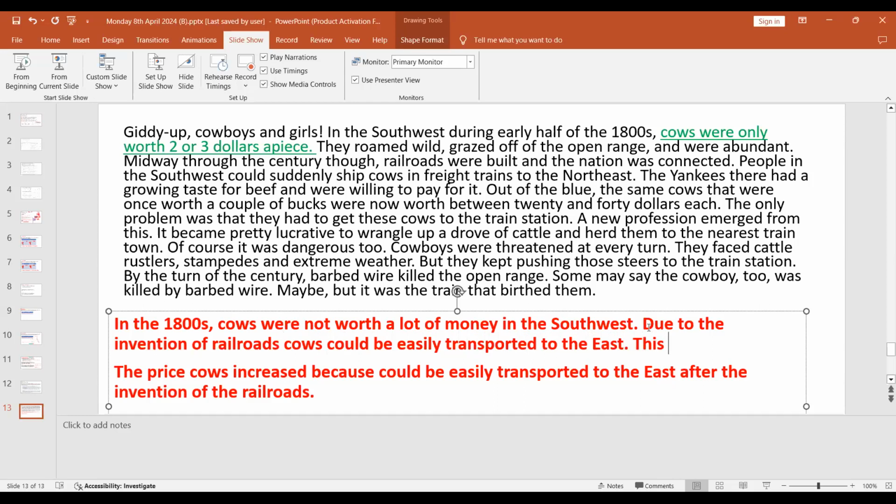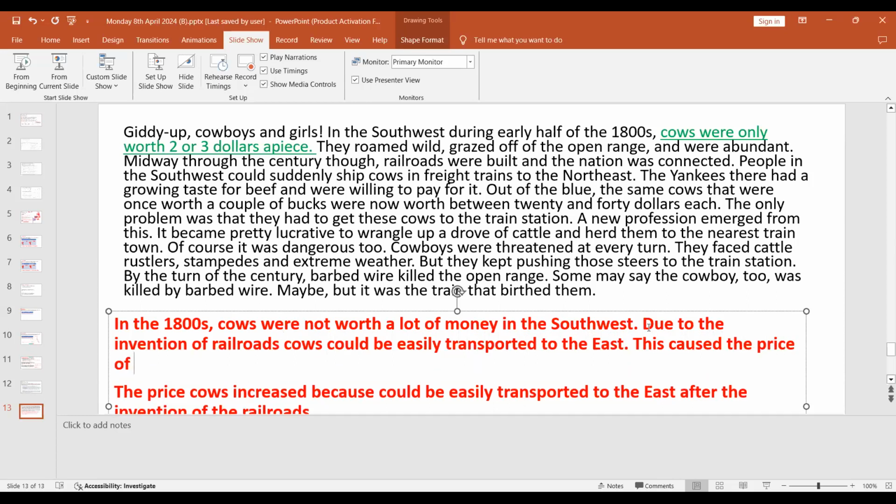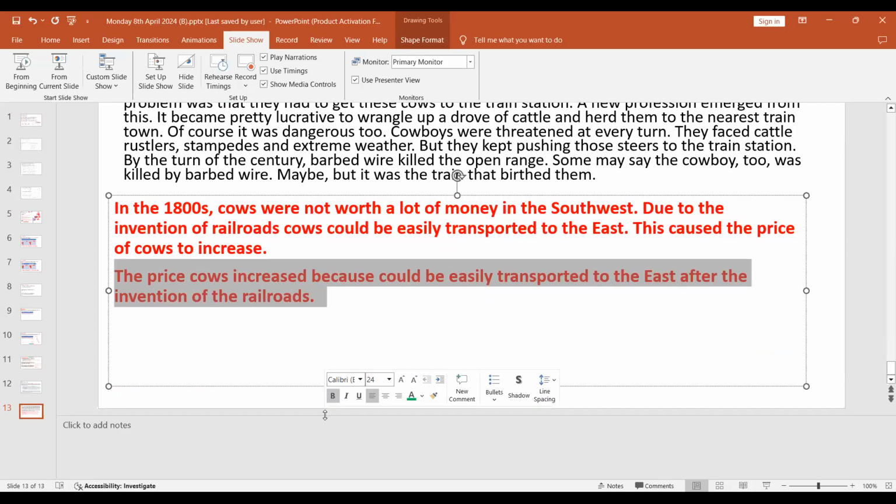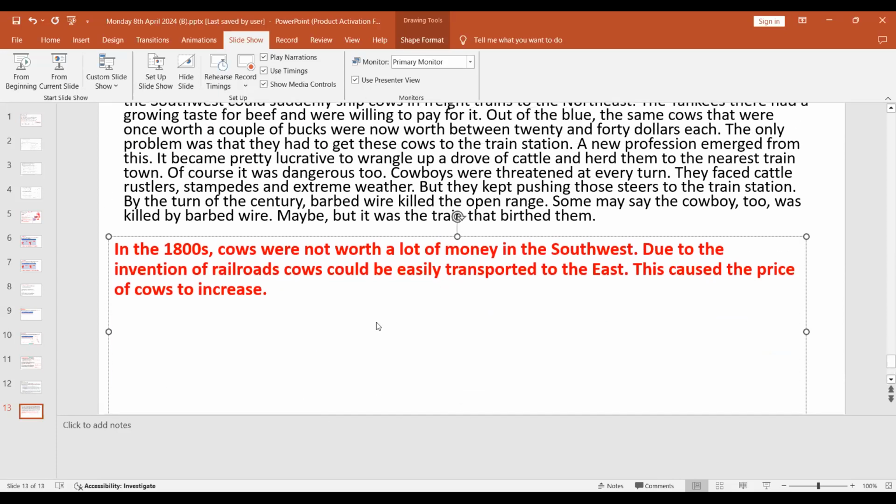This caused the price of cows to what? Increase. Make sense? So what else is another important thing that we need to include?